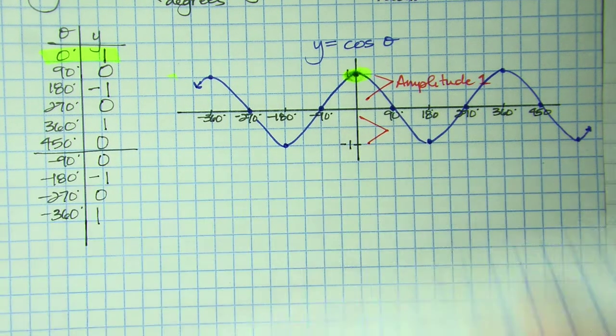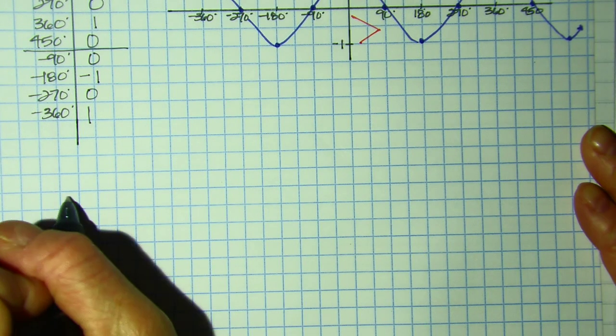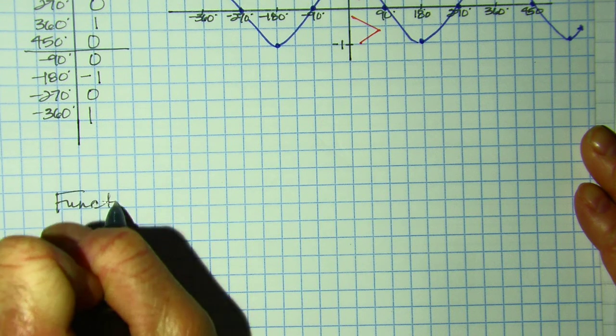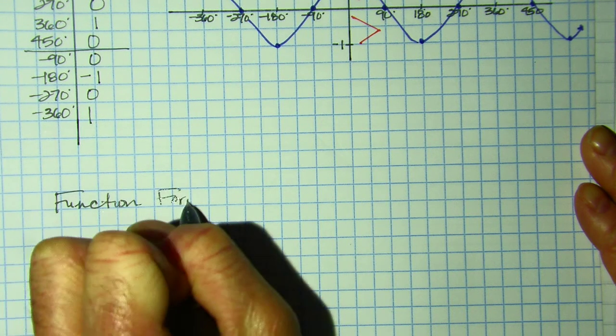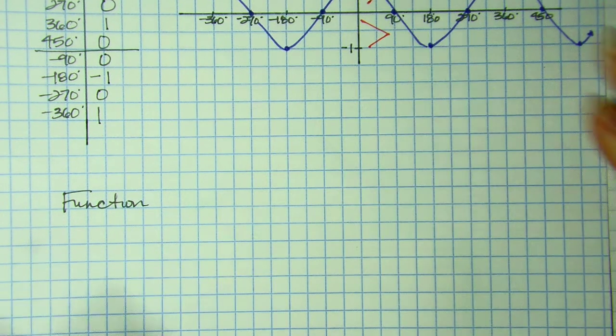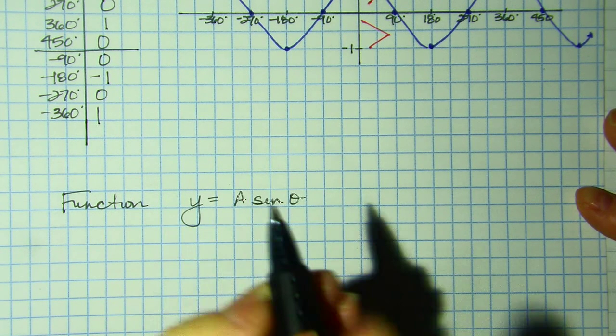Okay, so we're going to practice some of these. I am going to go over kind of like the standard form of our function. Oh, sorry, I shouldn't put formula. Function, I should just put the function. So y equals a times the sine of theta.